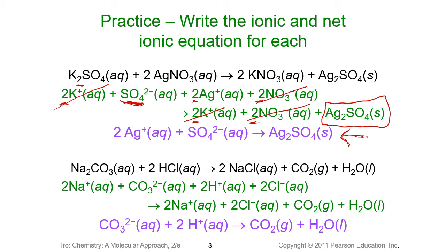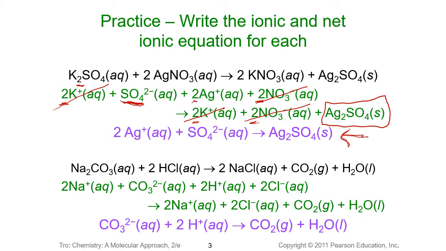If we look at our sodium carbonate containing reaction, again, we are going to split it apart into each of the ions. So for sodium carbonate, the 2 for the sodium becomes a 2 in front of the sodium ion, telling us that we have 2 of them.